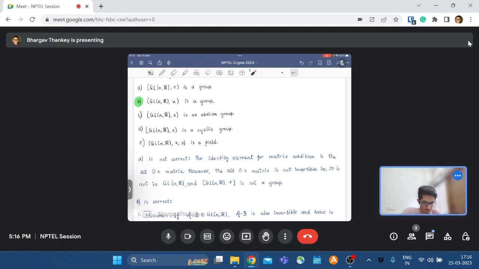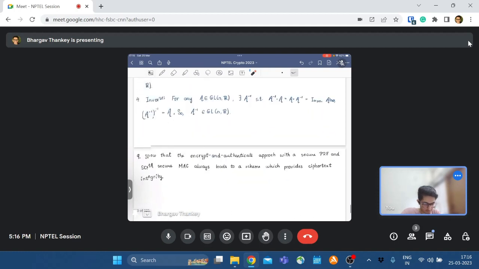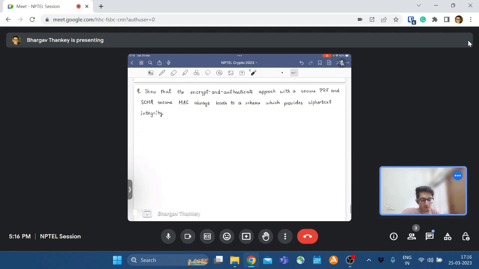So let's move on to the next problem. So the next problem is the following. We saw in class that the encrypt and authenticate approach need not give us an authenticated encryption scheme, right?